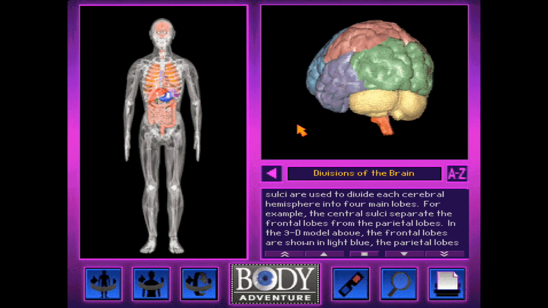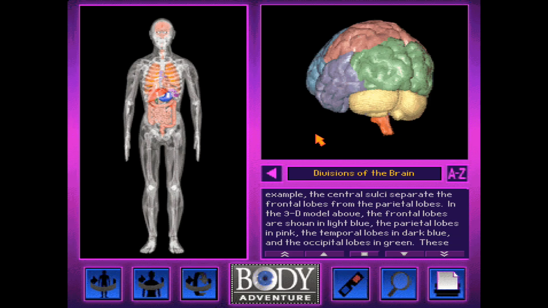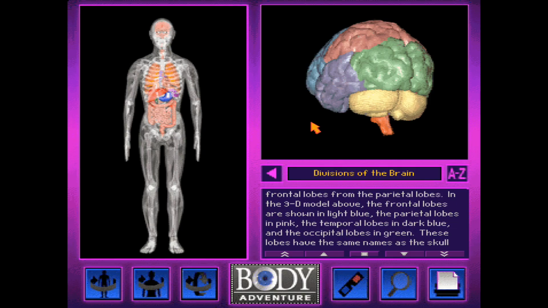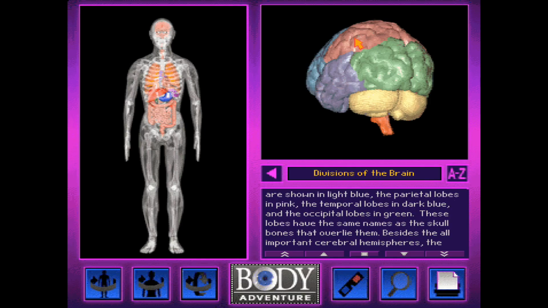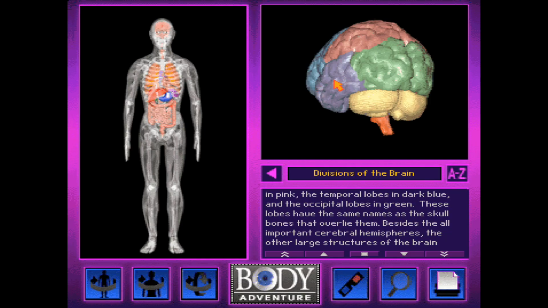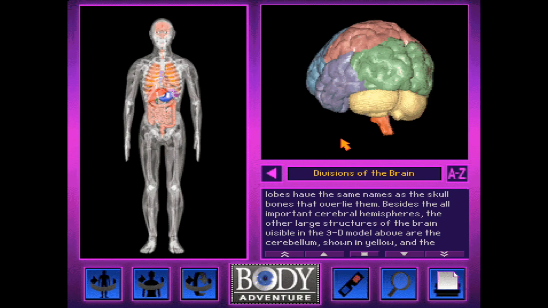For example, the central sulci separate the frontal lobes from the parietal lobes. In the 3D model above, the frontal lobes are shown in light blue, the parietal lobes in pink, the temporal lobes in dark blue, and the occipital lobes in green. These lobes have the same names as the skull bones that overlie them.